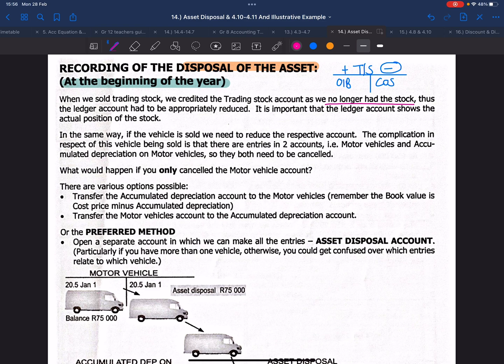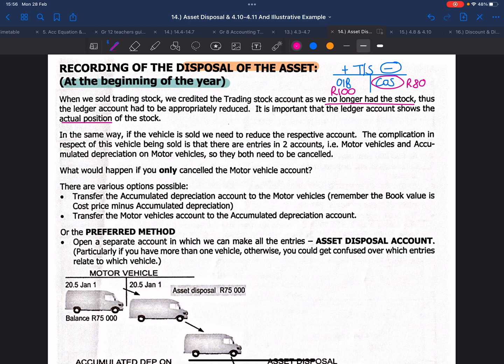It is important that the ledger account shows the actual position of the stock. So we can't sell stock and then not take it out here, and then it shows we've got stock of 100 Rand when actually we have stock of say 20 because we sold 80 Rand worth of stock. So we need to show the actual position of the stock in our business.